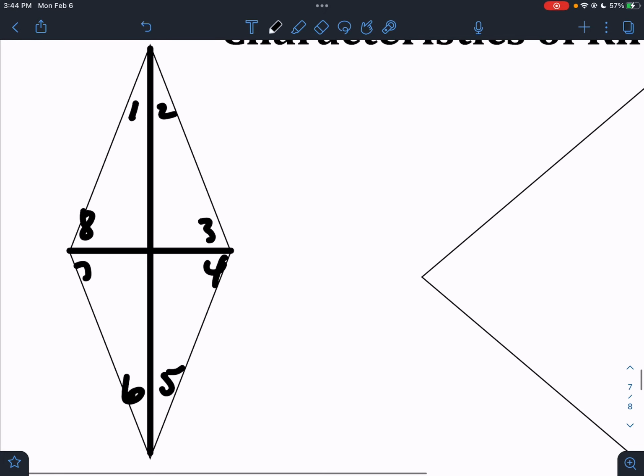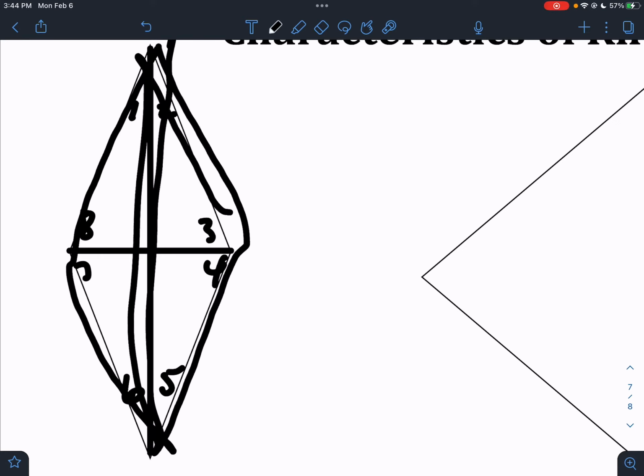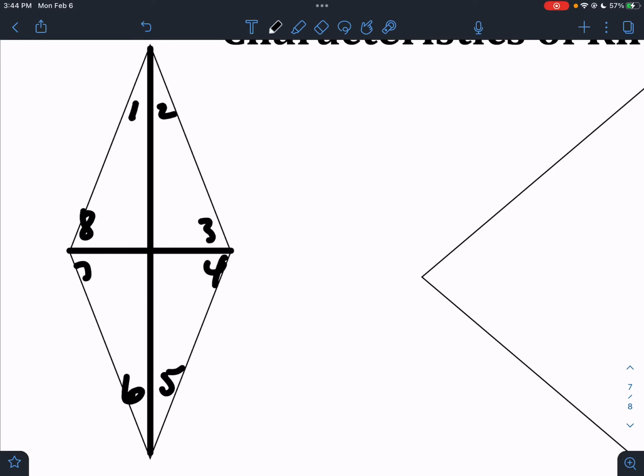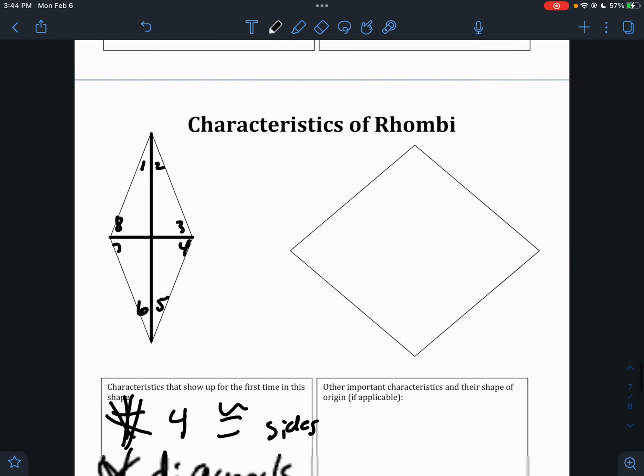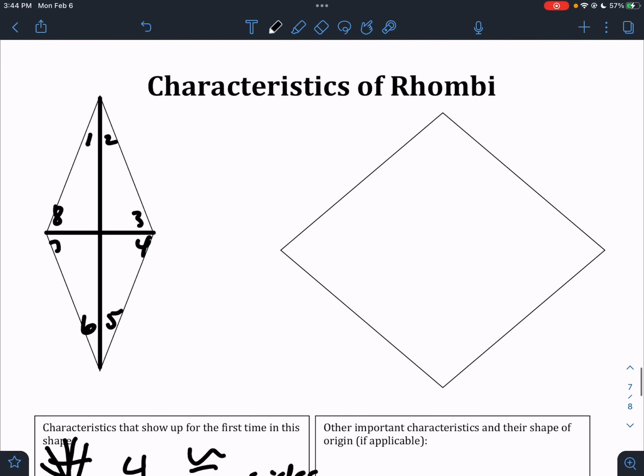So it folds in half. If you think of it as folding, wouldn't the left side also fold over to the right side? Yes. Yes, we have two lines of symmetry here. So those are the new properties that the rhombus introduces.